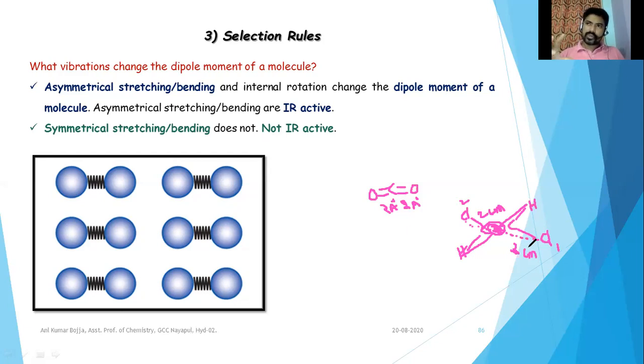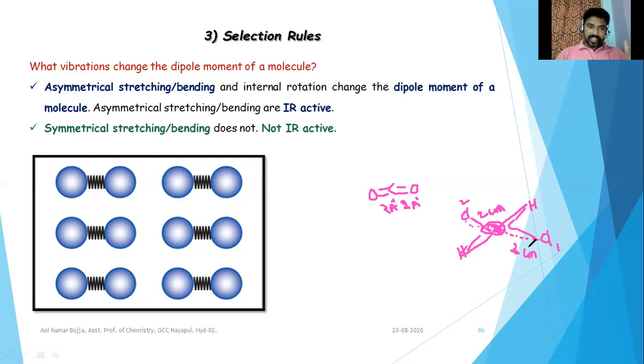During asymmetric vibration, the center of symmetry of the molecule is disturbed. Either it may be a stretching vibration or a bending vibration.